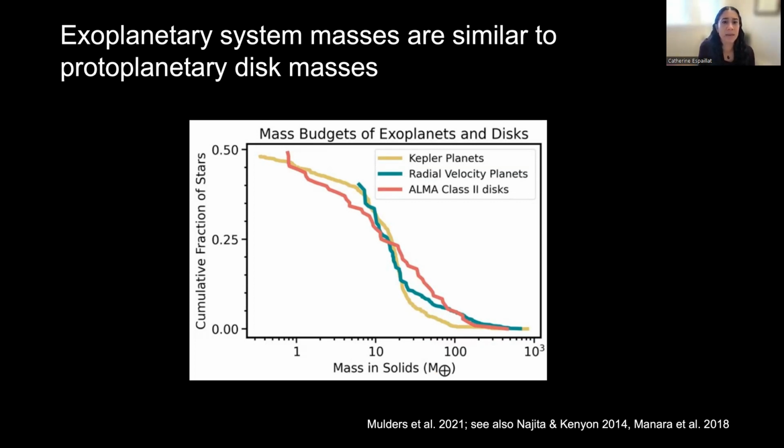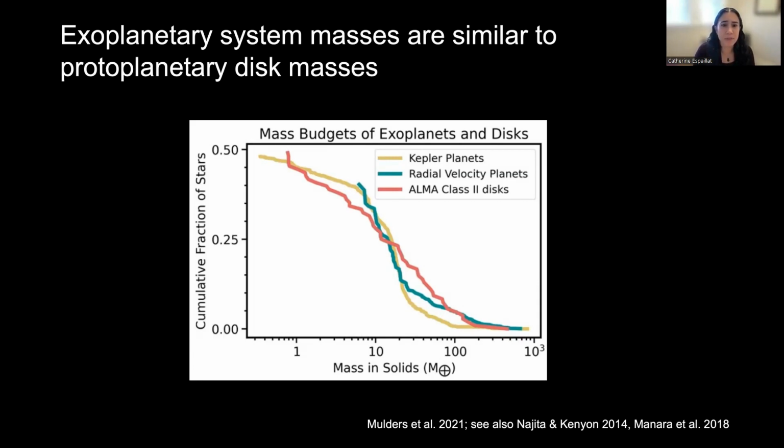And here, what is being shown is the comparison of, in yellow, the masses that are extrapolated if you look at the Kepler planets, in green, radial velocity planets, and then in red, the dust masses that are seen for disks observed with ALMA.